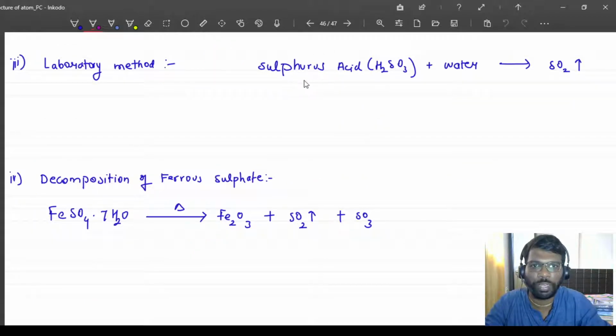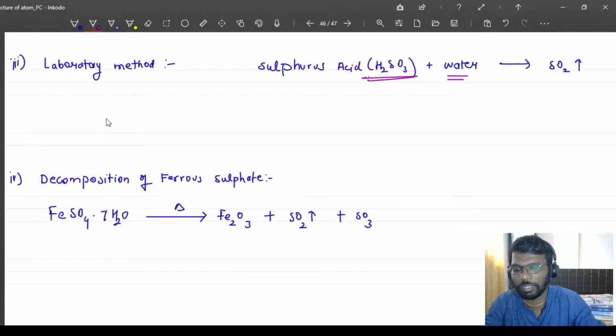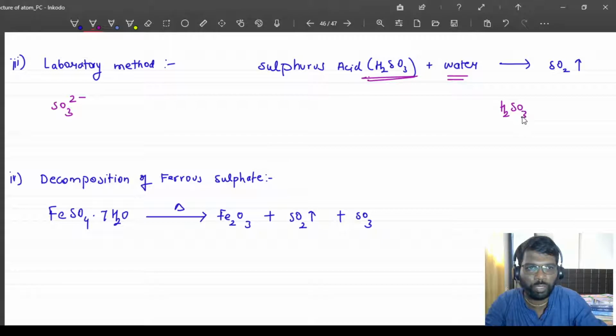Laboratory preparation: we take sulfurous acid, that is H2SO3, plus water, and you get sulfur dioxide. What happens in this case is a sulfite. The sulfite is SO3 2 minus. If you split this H2SO3, it gives 2H plus and SO3 2 minus, meaning the sulfite ion reacts with the H plus in an acidic solution or aqueous medium.